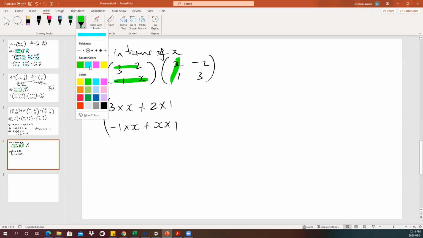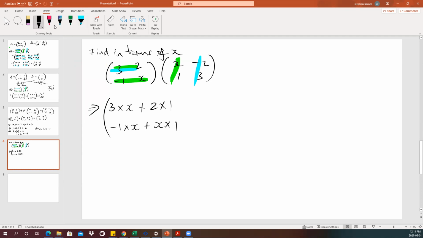Now we try with this side. So 3 times minus 2 plus 2 times 3. Then again, minus 1 times minus 2 plus x times 3. All right.